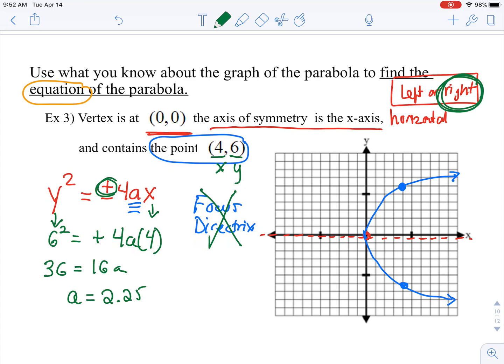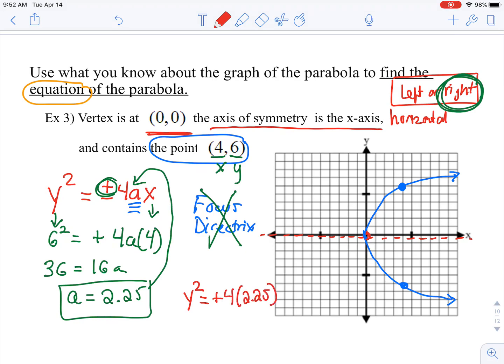And remember, my goal here was to actually write the equation. So once I know my A value, if I go back up and plug it in, my equation is y squared equals positive 4 times my A value times x. And therefore, that would be y squared equals 9x.